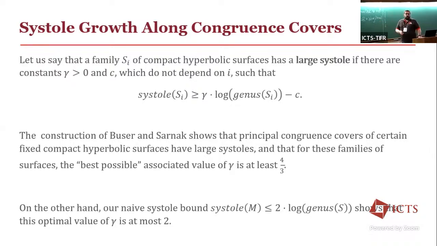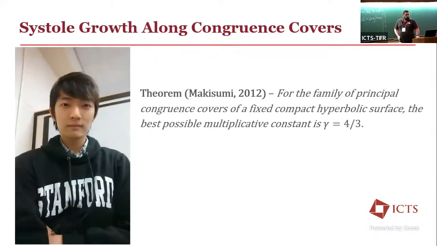On the other hand, our naive bound over here gave us a 2. That means the best possible bound is between 4/3 and 2. So a theorem of Makisumi, this was actually his undergraduate thesis at Princeton, says that for principal congruence covers of a hyperbolic surface, the best possible multiplicative constant is in fact 4/3. And so these surfaces of Bozer and Sarnak do realize the optimal bound.